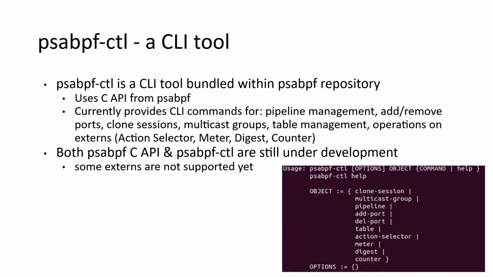PSA BPF, both library and CLI tool, are still under development, so other externs will also be supported, but changes to the C API and/or CLI and/or output data in JSON are still possible.